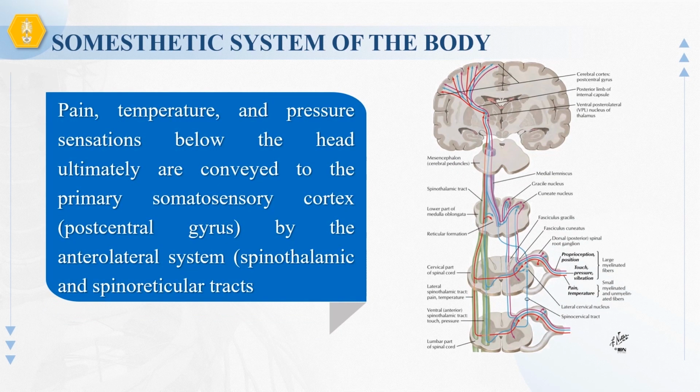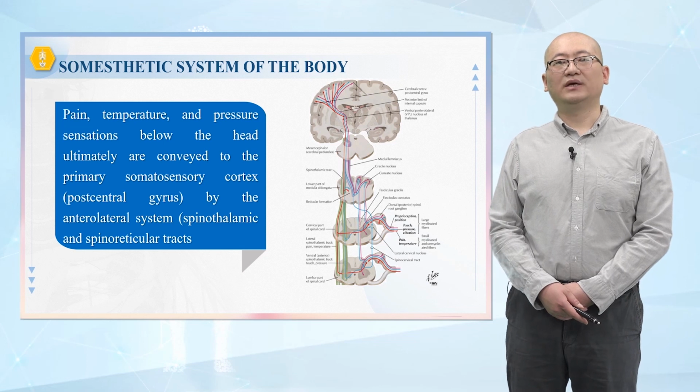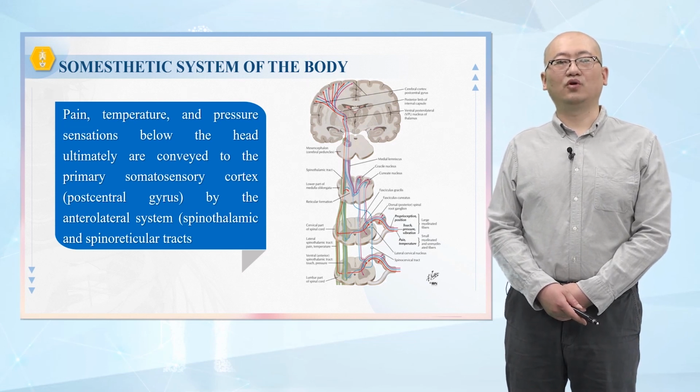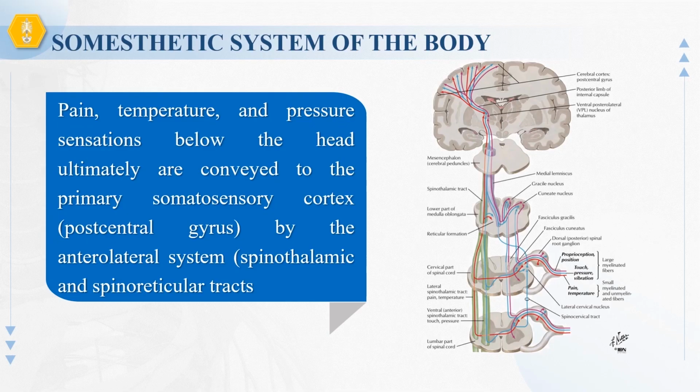Pain, temperature, and pressure sensation below the head are ultimately conveyed to the primary somatosensory cortex, which we call the postcentral gyrus, by the anterolateral system, which includes the spinothalamic and spinoreticular tracts. The fasciculus gracilis and cuneatus of the dorsal column medial lemniscal system carry proprioception, vibratory, and tactile sensation to the thalamus, also the ventral posterior nuclei, whereas the lateral system carries some touch, vibratory, and proprioceptive sensation.